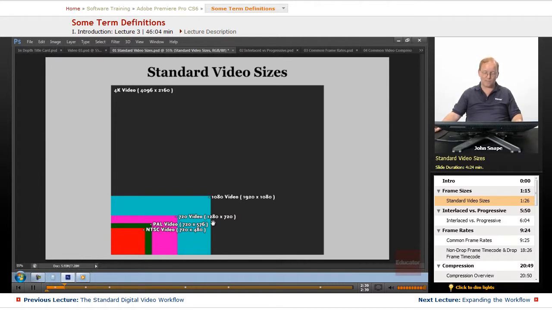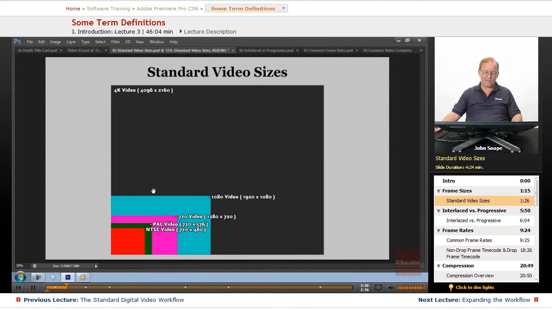The 720 video is the first high definition, and as you can see, high definition goes pretty big, but 720 video is the first high definition size, and it's about this in relation to the NTSC.